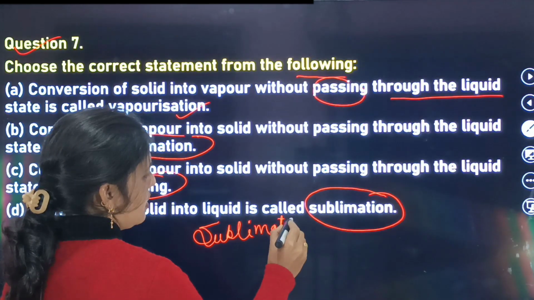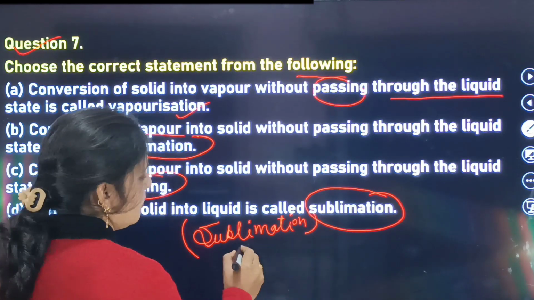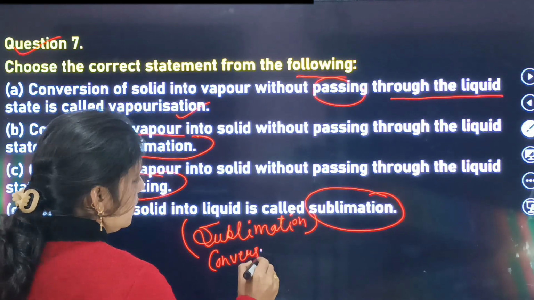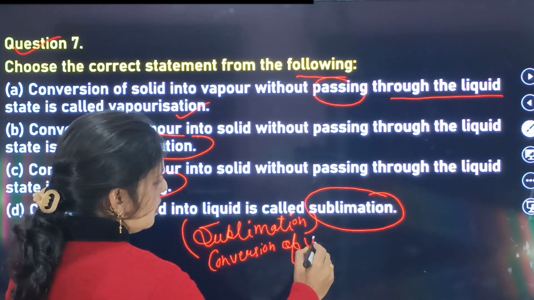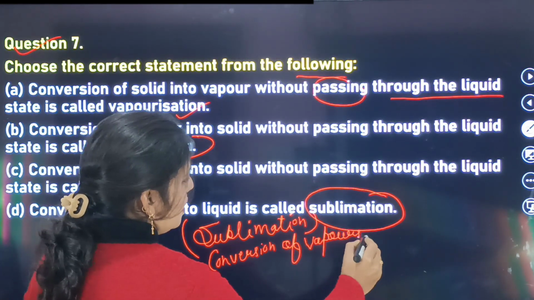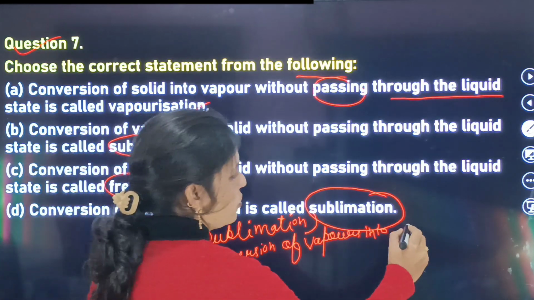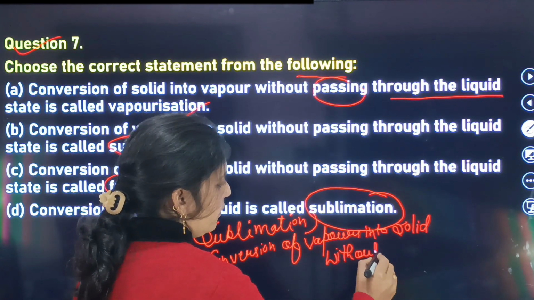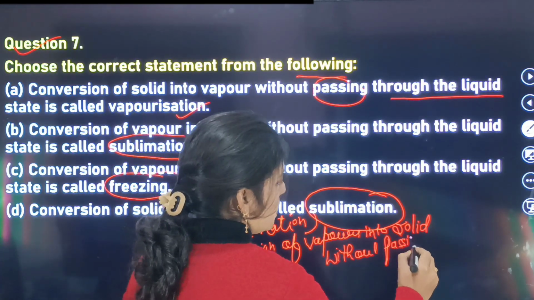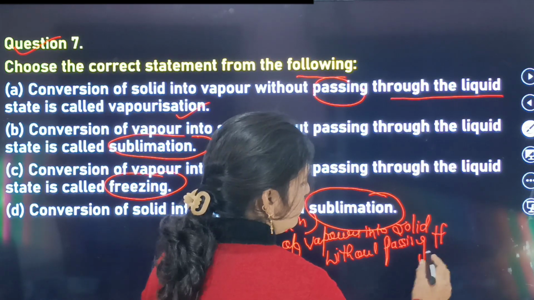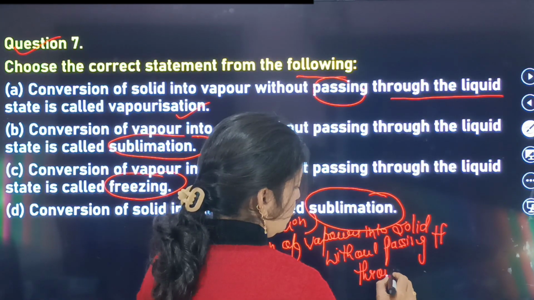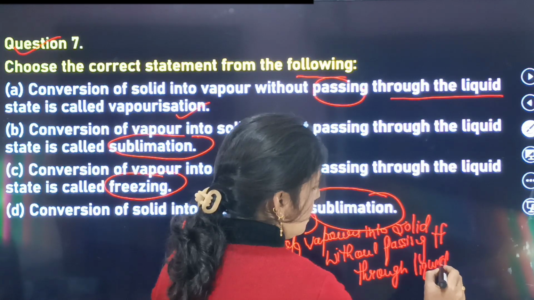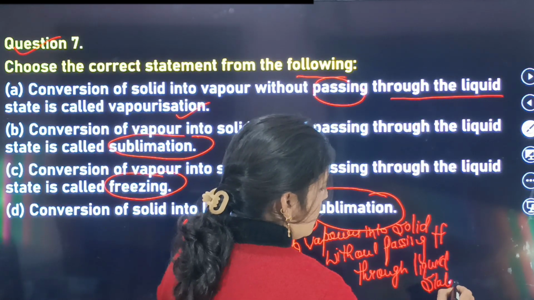That process is known as sublimation. And in the process of sublimation, that is conversion of vapors into solid without passing through liquid state is known as sublimation.